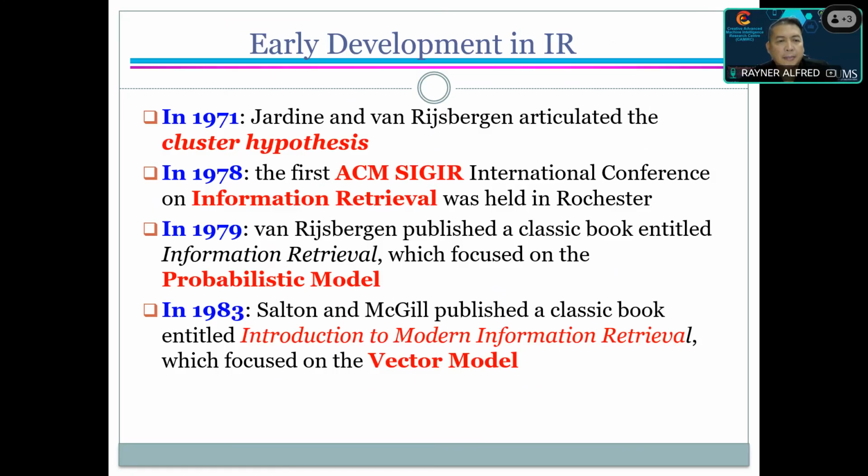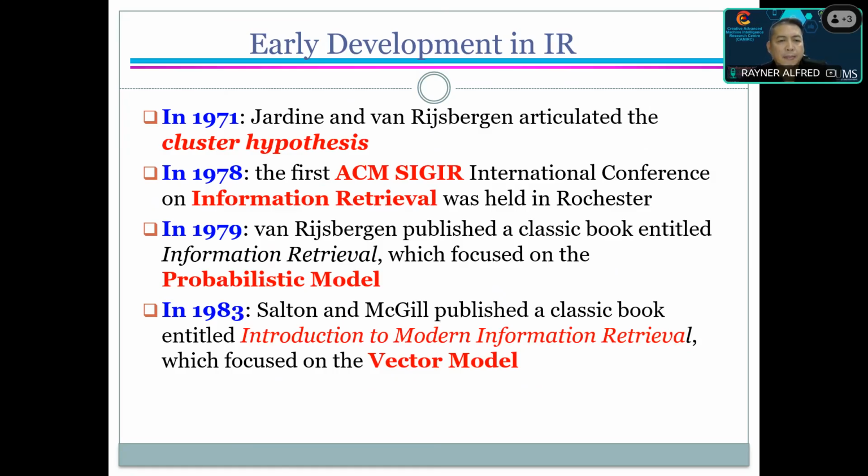Okay, and then following the clustering work, Van Rijsbergen published a classic book entitled Information Retrieval, but this one focuses more on the probabilistic model. So they have clustering, and then they have the probabilistic model in which they use probability in modeling the text documents.